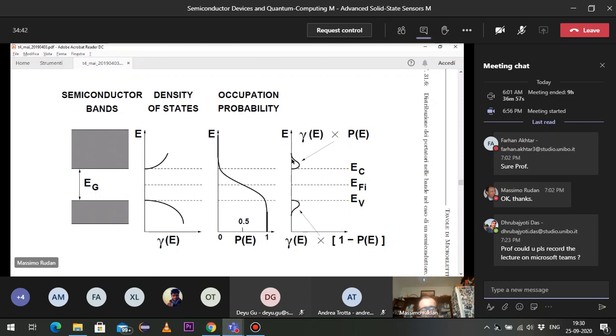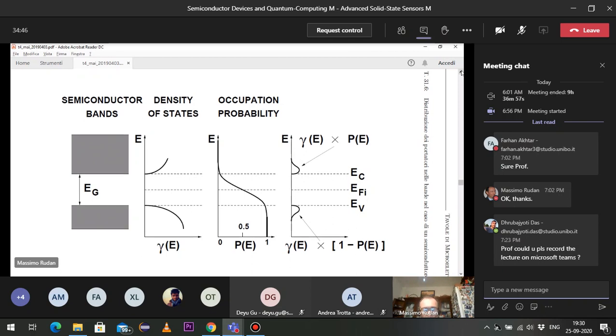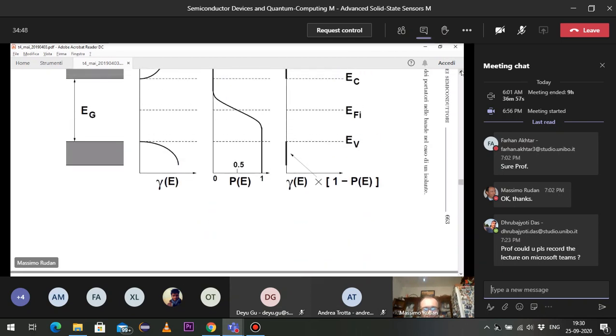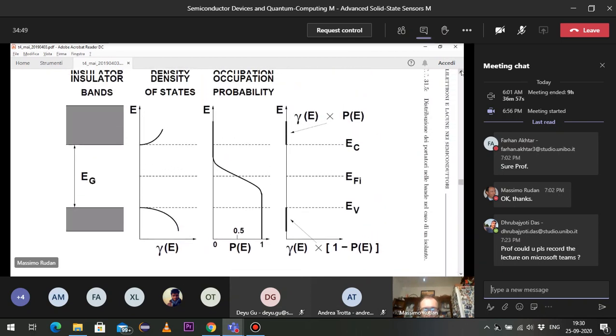Okay? One of you may ask, can we take an insulator, and heat it up in order to have eventually a population of electrons in the conduction band and a population of holes in the valence band, so that we transform the insulator in a semiconductor?